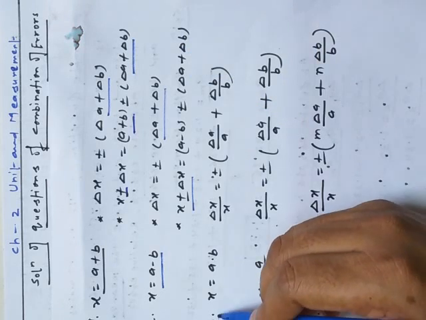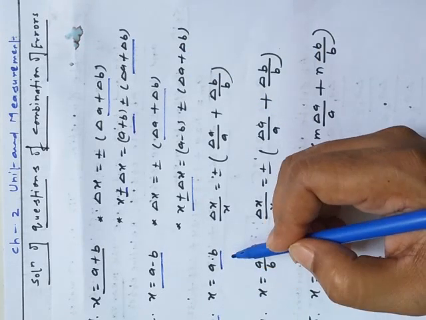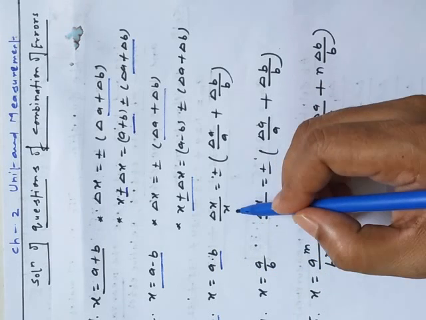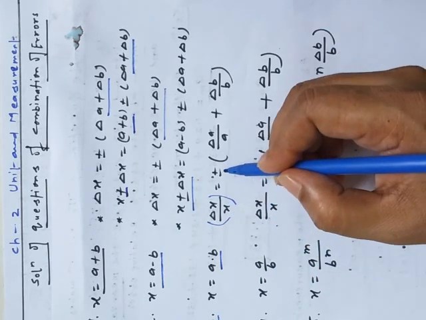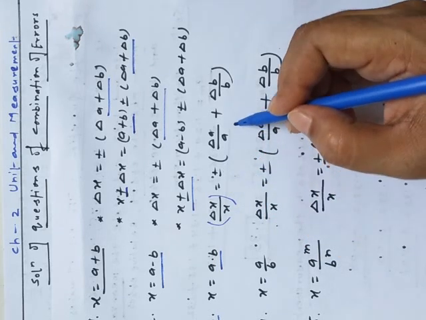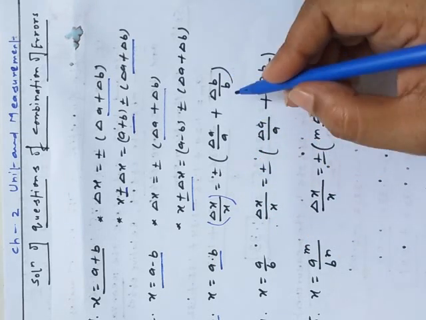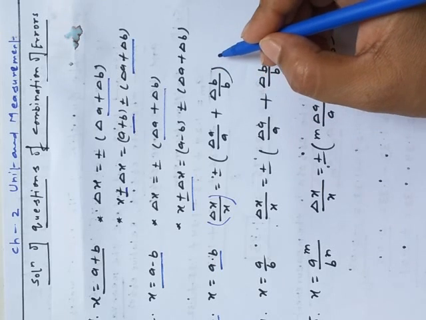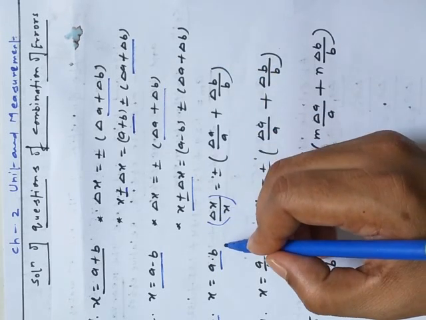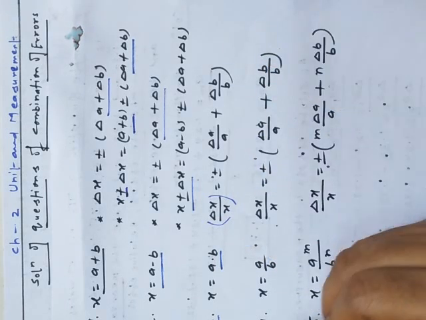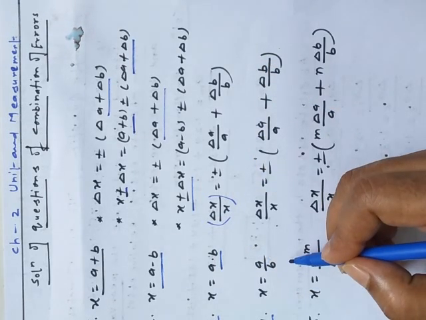Now the third formula we have is for the product, or multiplication. We have the fractional error, delta x upon x, equal to plus minus delta a upon a plus delta b upon b. If someone wants the percentage error, we multiply by 100 on both sides. Now the fourth formula, x equal to a upon b.